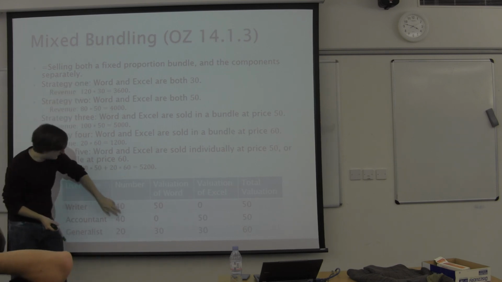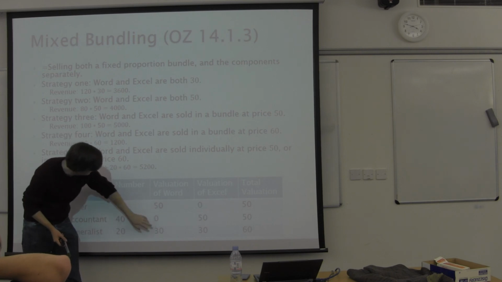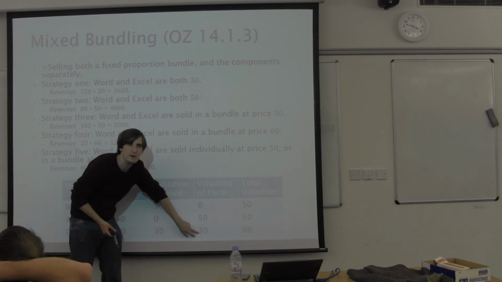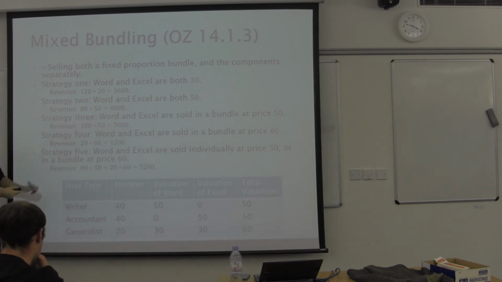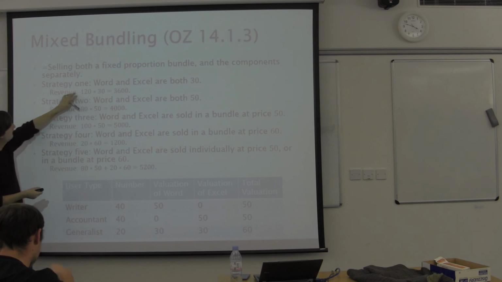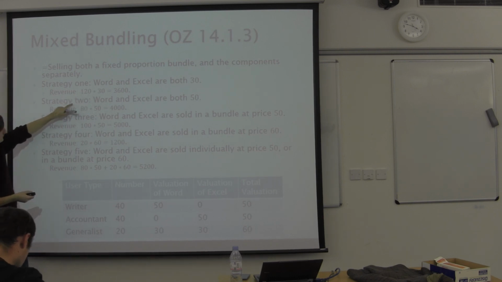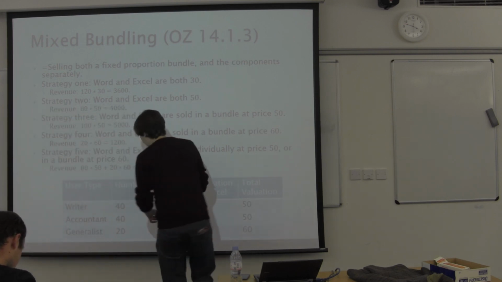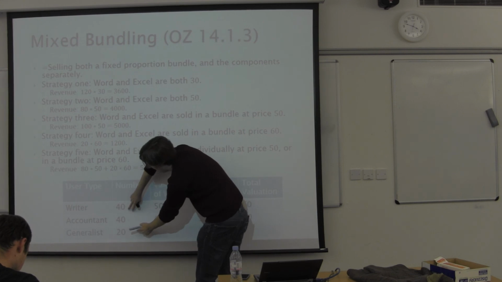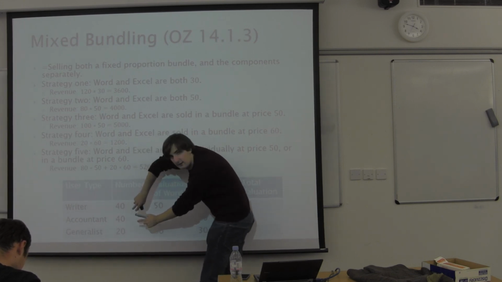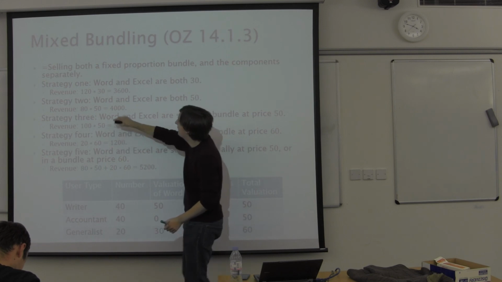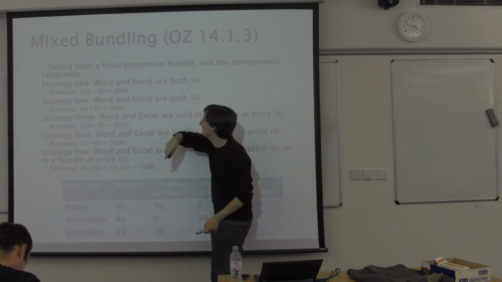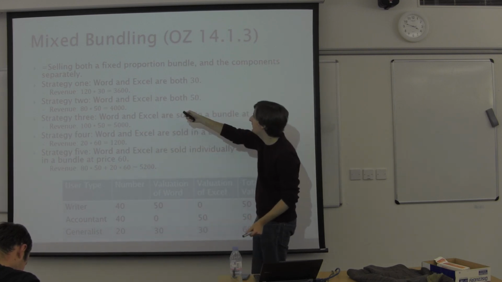If you sell them both at 30, then the writers and the generalists buy Word, the accountants and the generalists buy Excel. So you're selling 60 copies of Word, 60 copies of Excel. In total you're selling 120 units at the price of 30 each, making you a revenue of 3,600. So that's one thing you could do if you're a Microsoft.